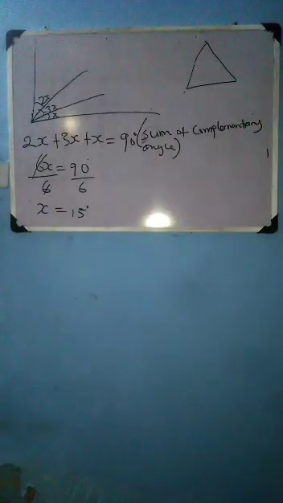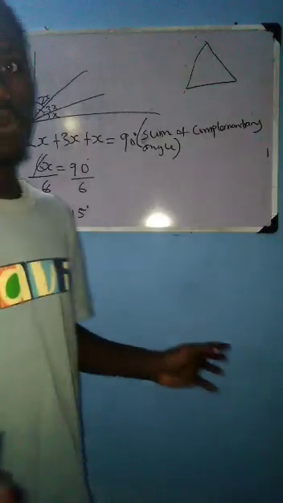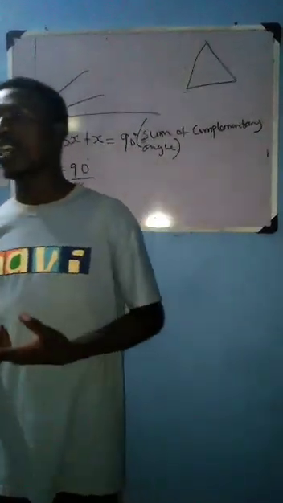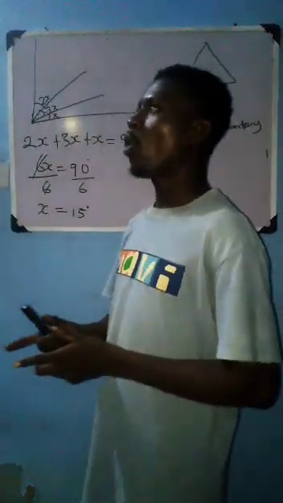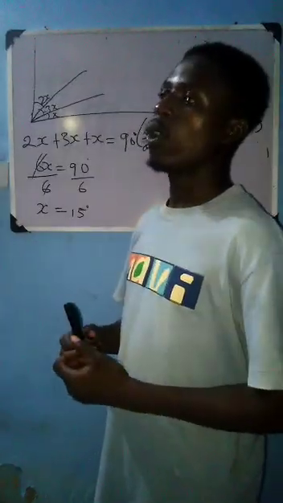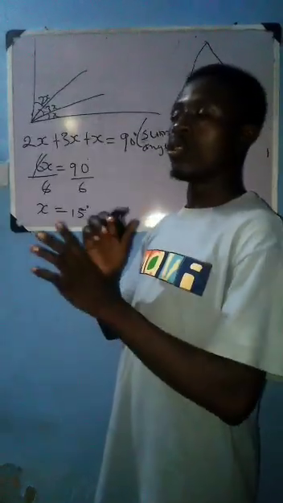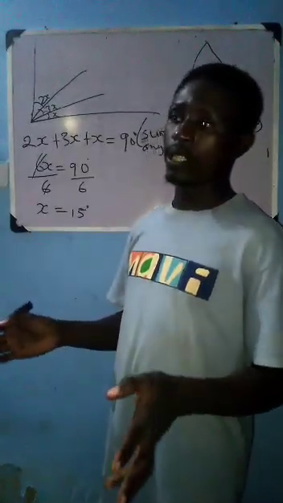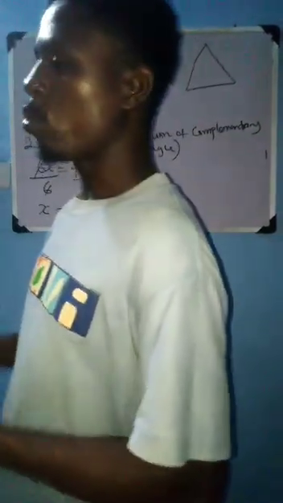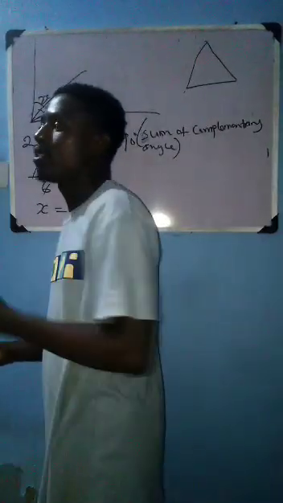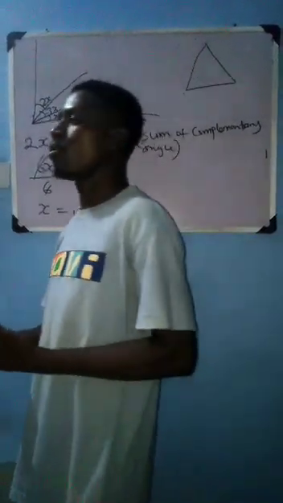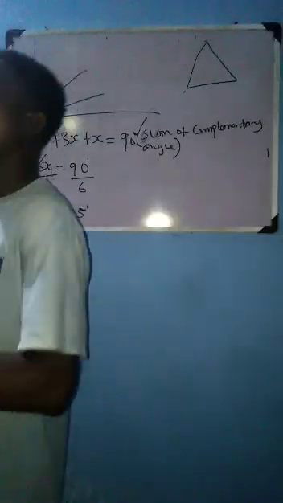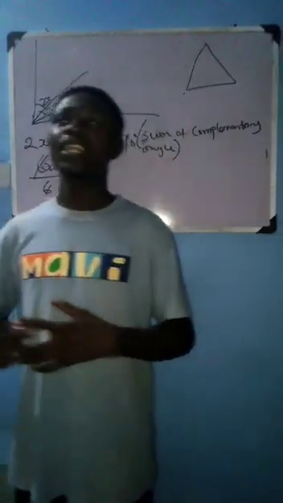The scalene triangle has no side equal and no angle equal. In the isosceles triangle, two sides are equal and two angles are equal. In the equilateral triangle, all sides and all angles are equal. And in the right angle triangle, one of the angles is equal to 90 degrees.